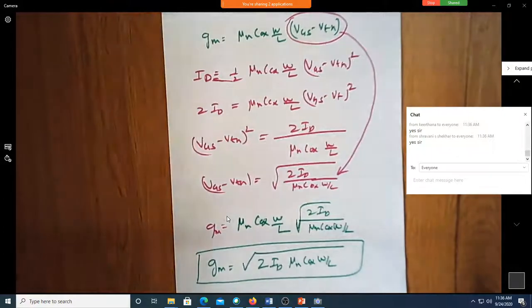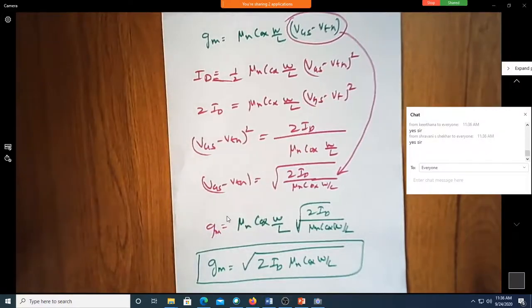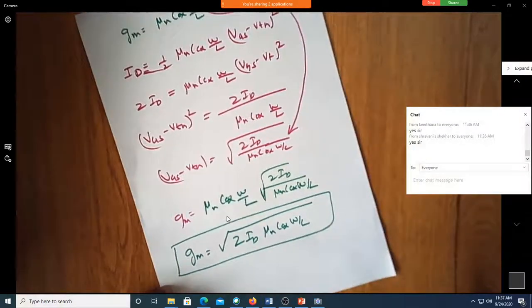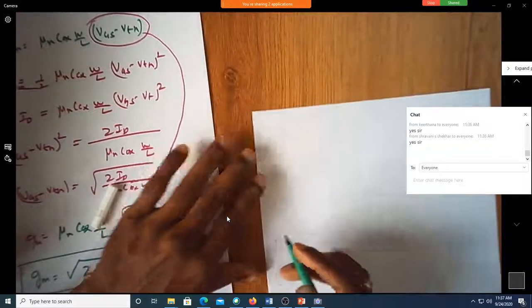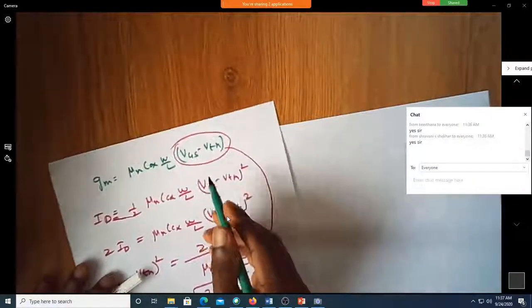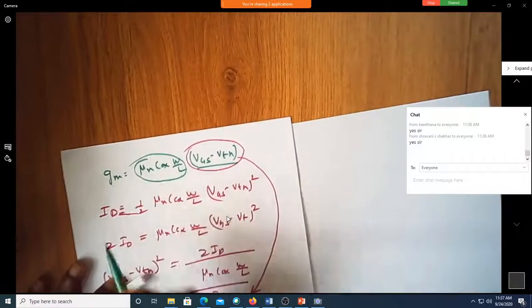Yes, sir. Okay, let me see the next set of equations, or one more set of equations for GM. Shall I write it as, I'll again start from the same GM. So instead of replacing VGS minus VTH, let me replace this.